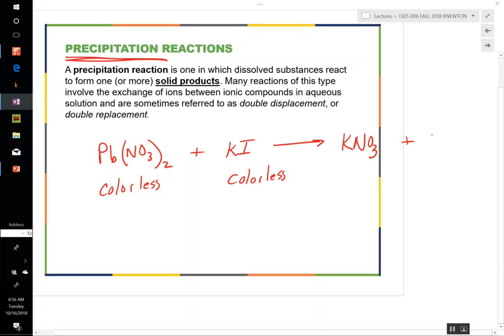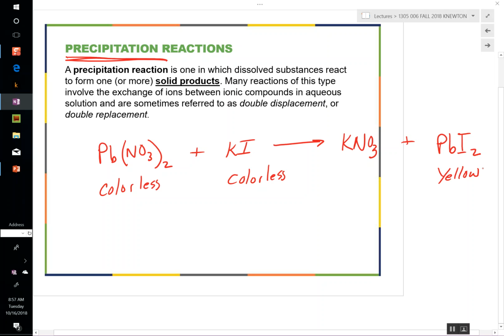And does anybody remember what else we got and what you saw? This is experiment 6 in 1105. You mix these two test tubes together and you got a deep yellow precipitate.